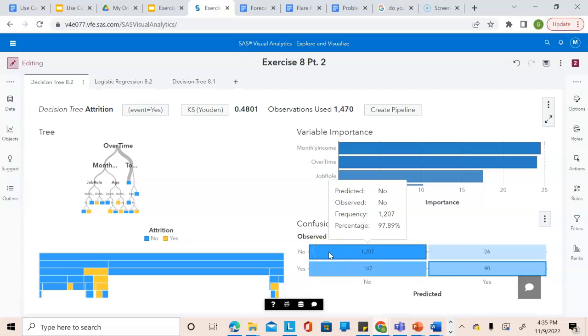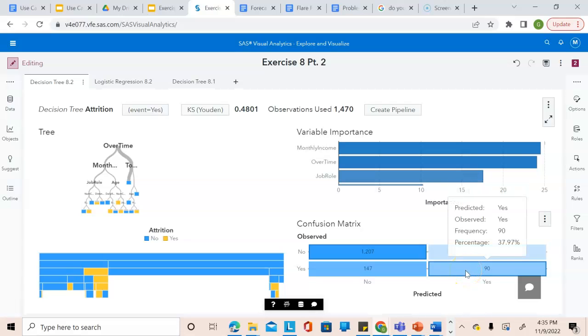When it was predicted no and also observed no, it was 97.89%. When the prediction was yes, but we observed no, it was only 2.11%. And then when it was predicted yes and observed yes, it was 37.97%.